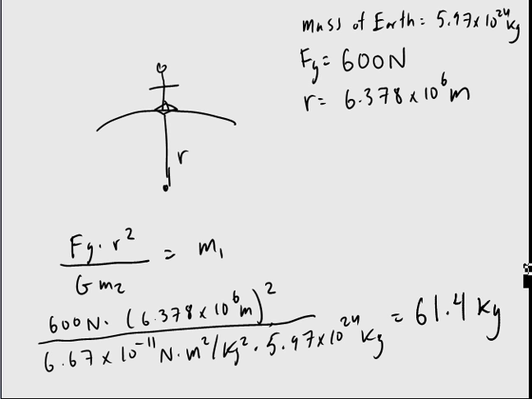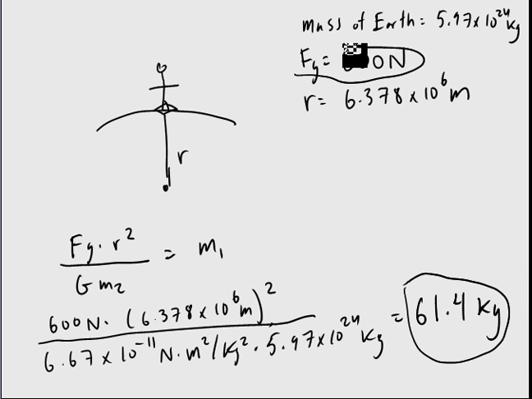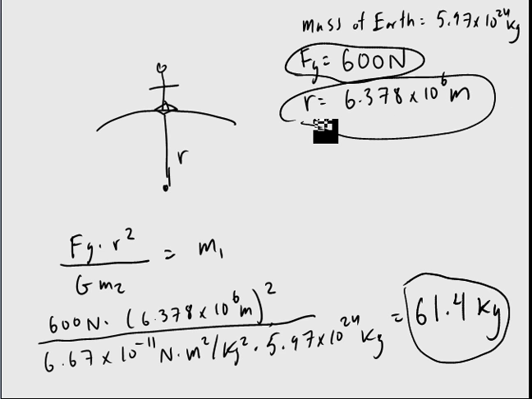Okay, because m1 and m2 are arbitrary, we could have also said, given a person with a mass of 61.4 kilograms, say they had a weight of 600 newtons, what is the mass of the planet that they're standing on if the radius is 6.378 times 10 to the 6 meters? And if we plug all of that in, we'll get exactly what we want, which is the mass of Earth.